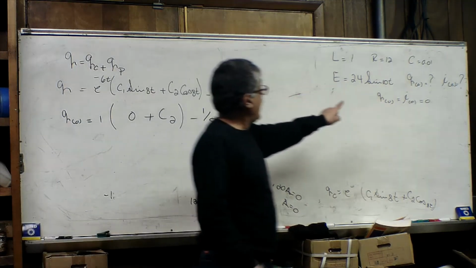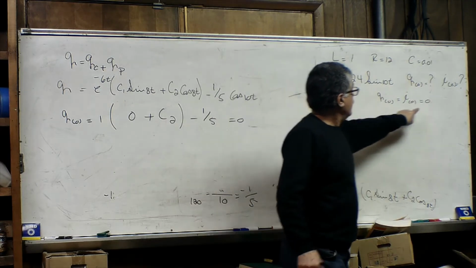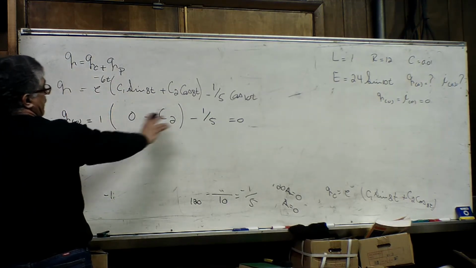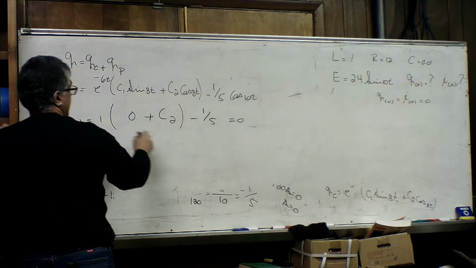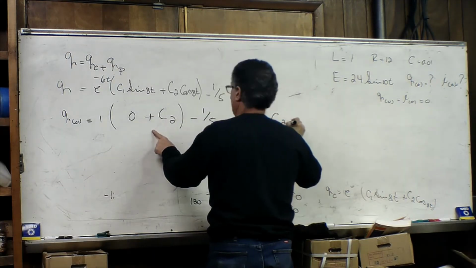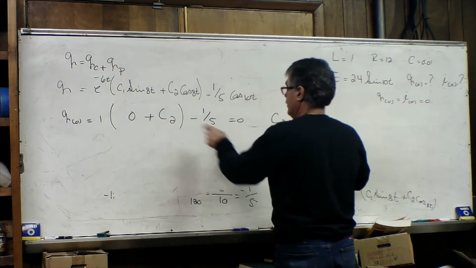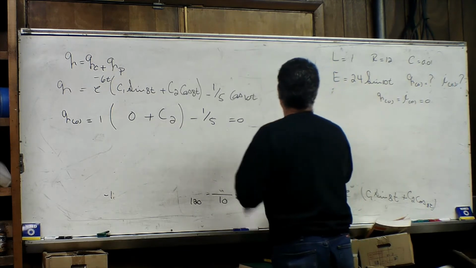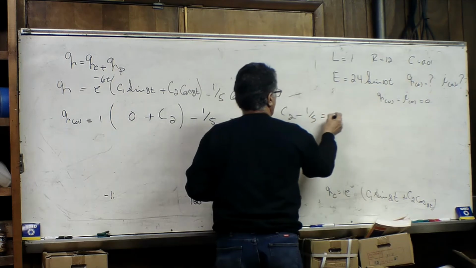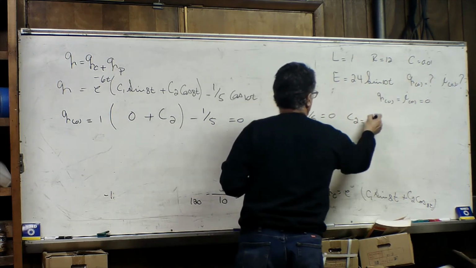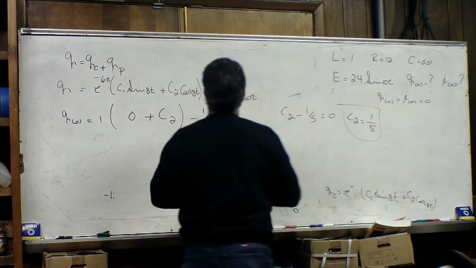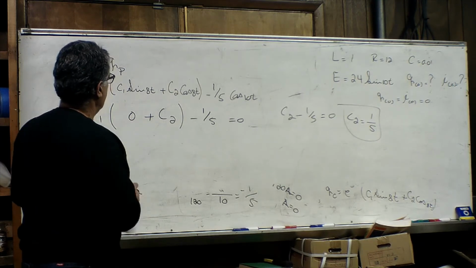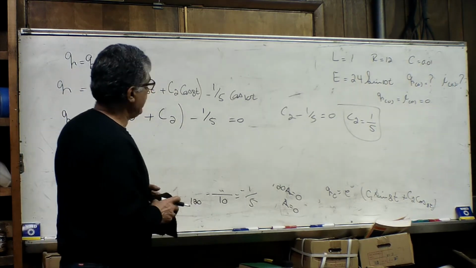So C2 minus 1 over 5 is equal to 0, so C2 is equal to 1 over 5. So we found the value for C2.